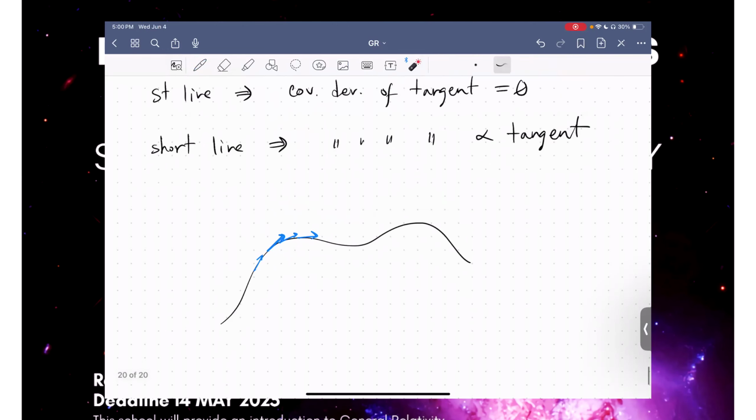So if it is proportional to the tangent vector itself, then this is moving in the same direction that it is pointing toward, right? And if you keep doing that everywhere, you will never leave this line, right? So you will always be on this line.